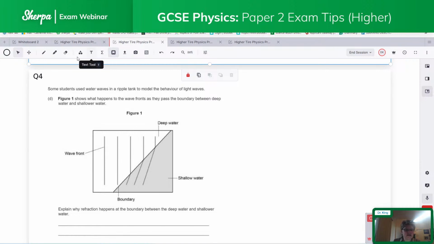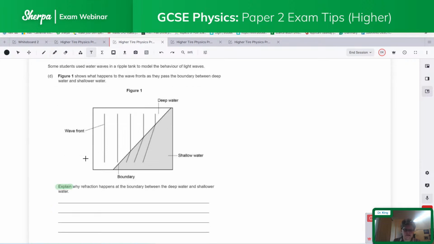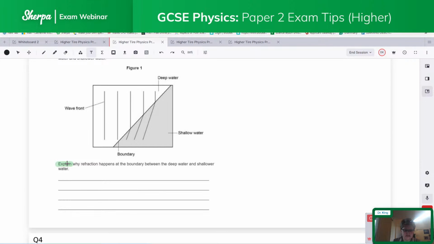The question is again: explain. Explain means you are giving the reason and the explanation. What is your thought behind that? It needs to be stated very clearly and include keywords and scientific knowledge. Explain why refraction happens at the boundary between deep water and shallower water.